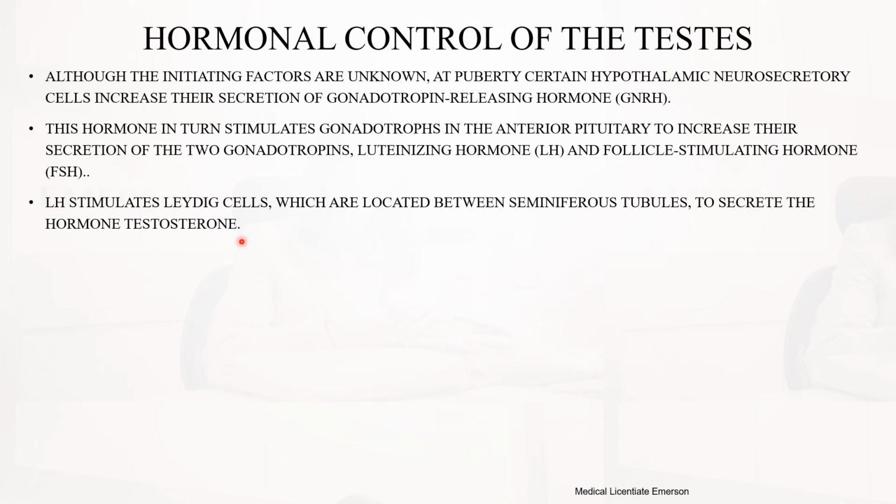It just depends on the literature. You have to remember the interstitial cells of Leydig are the ones stimulated by luteinizing hormone to produce testosterone. So in short, Leydig cells are also known as testicular interstitial cells.